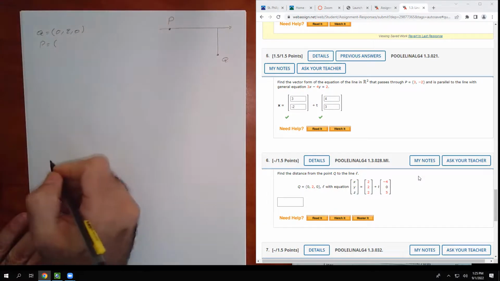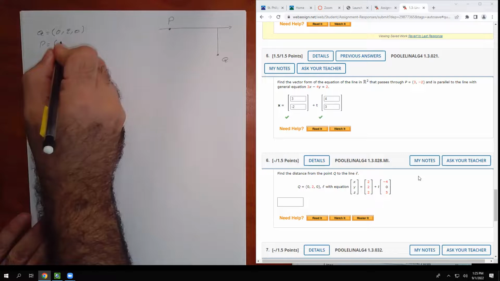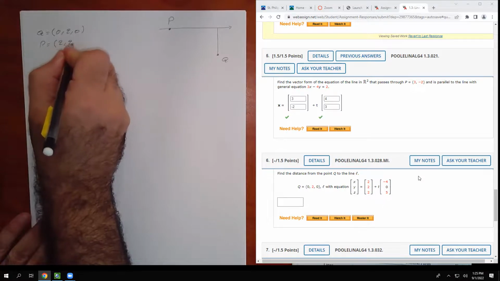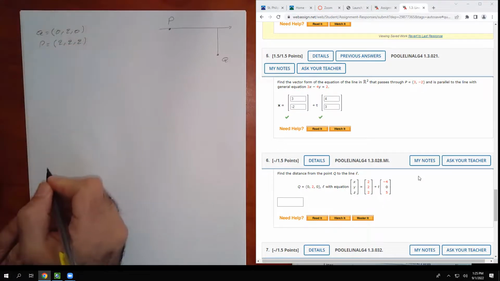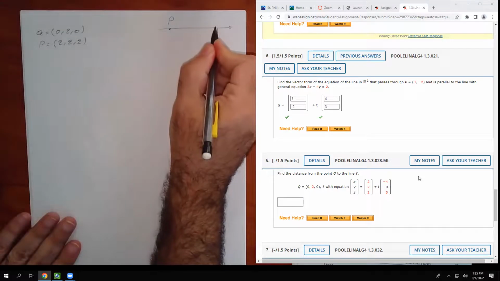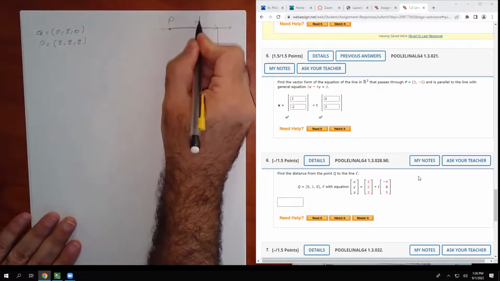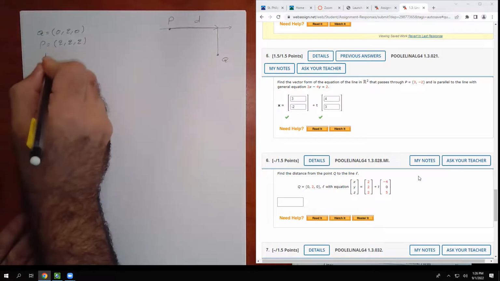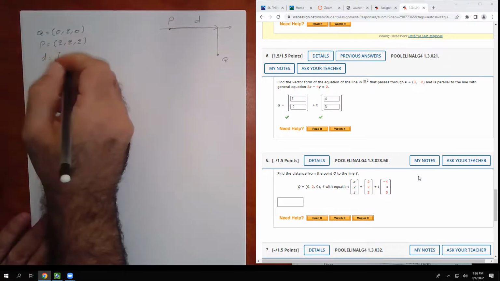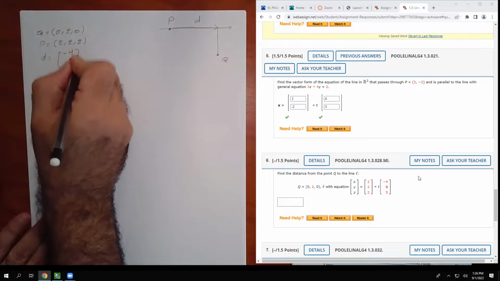Here's the P. It's a point on the line, which is 2, 2, and 2. And they give us a direction vector D, which is -4, 0, 4.